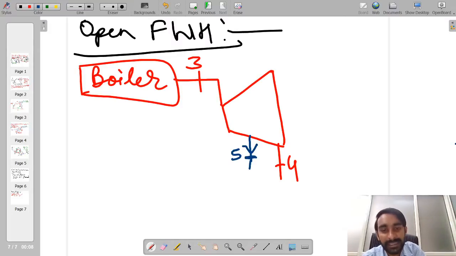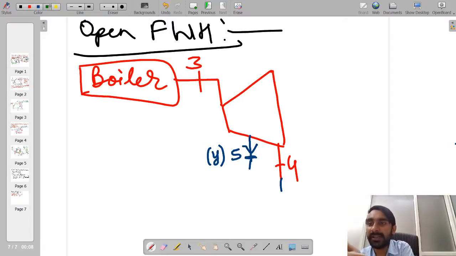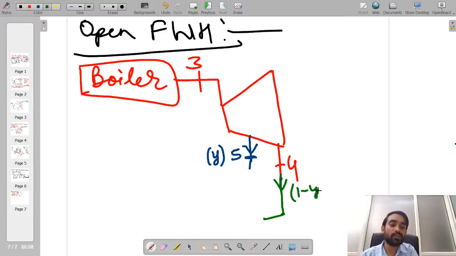And let us consider that Y is the fraction of the steam which we have taken out of the turbine at this intermediate pressure 5. Now point number 4 represents our condenser pressure. If we have taken Y fraction over here, 1 minus Y fraction will remain inside the turbine till its exit point.